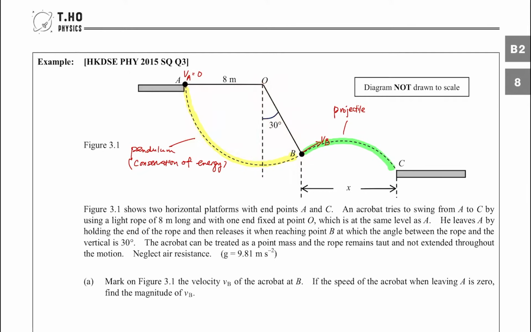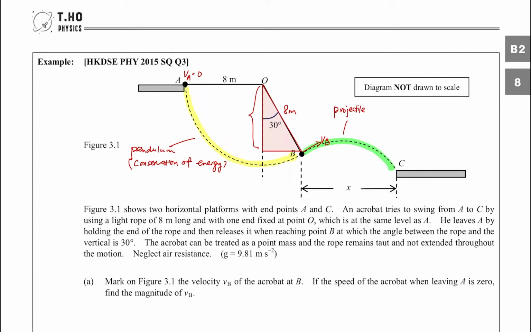Let me draw it neatly. We are considering this triangle the acrobat is making. One thing we are sure about is that the string remains 8 meters.